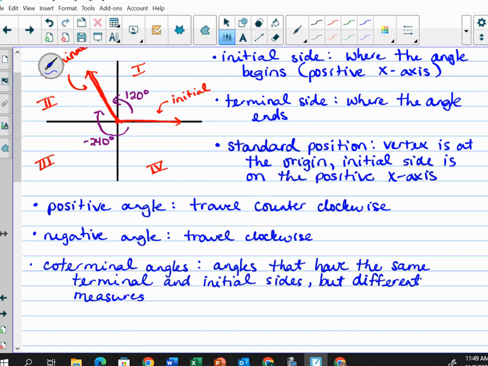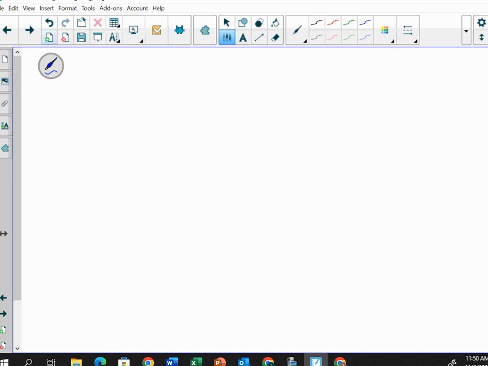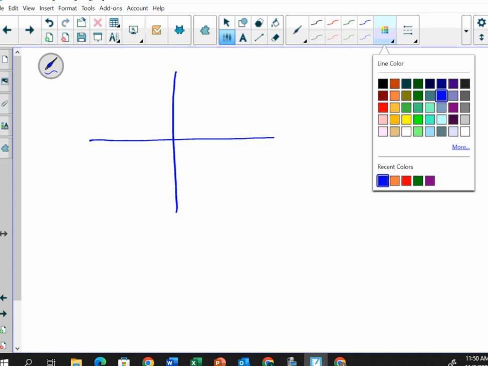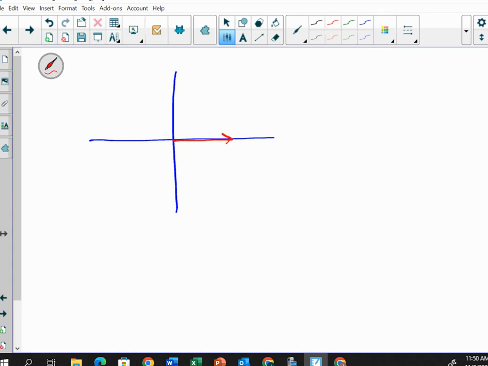Would it be incorrect for me to think of it as everything above is a positive angle and everything below would be a negative angle? So what about that angle? Because going this way is positive, even though the angle ends up below the x-axis.